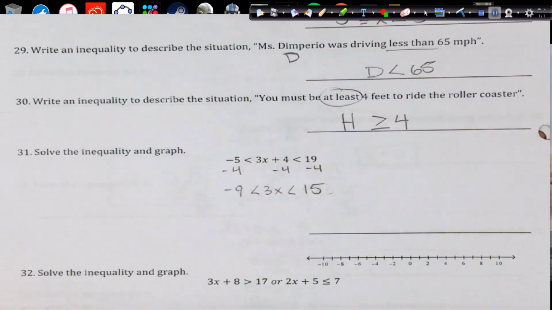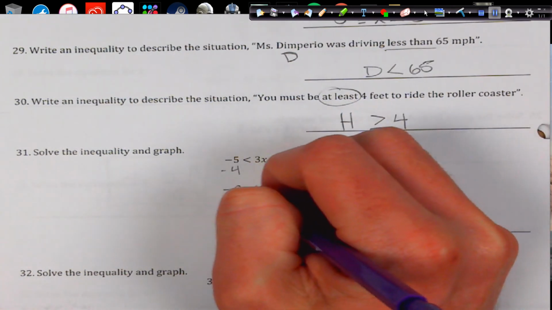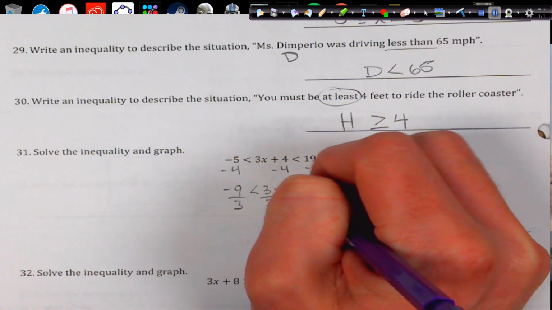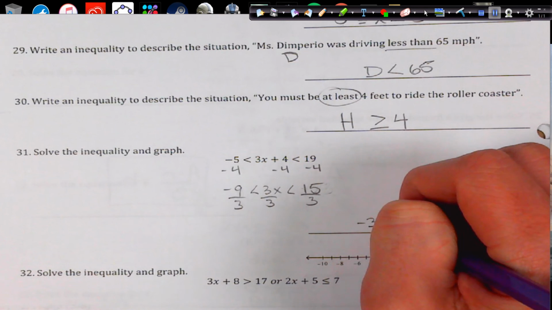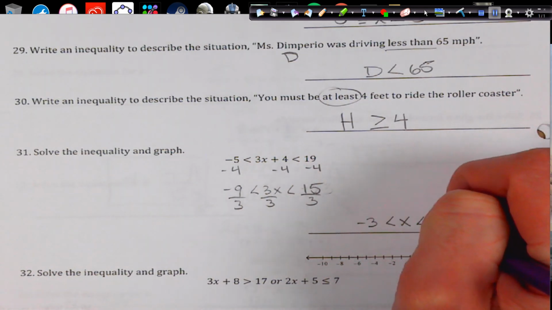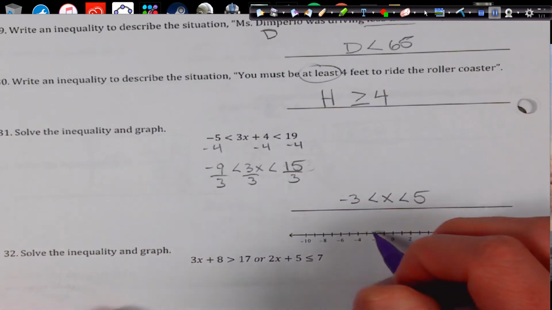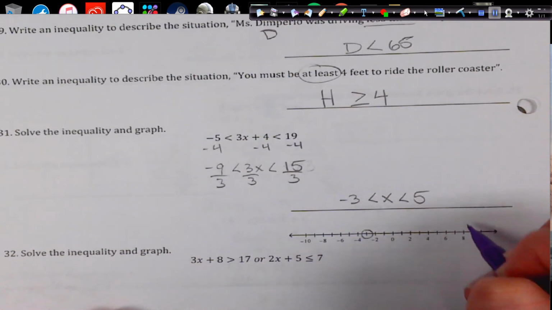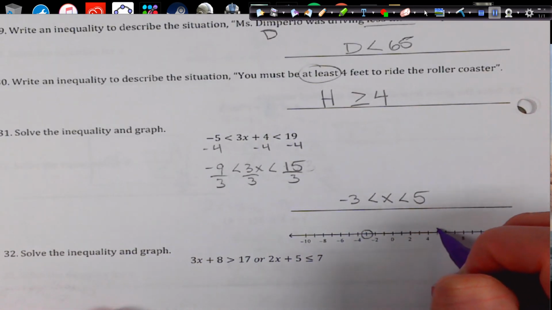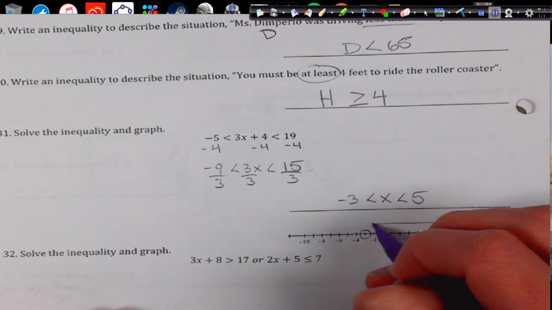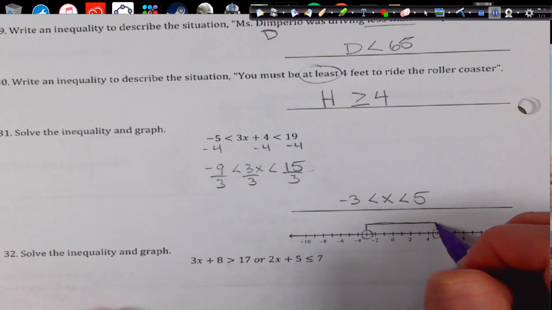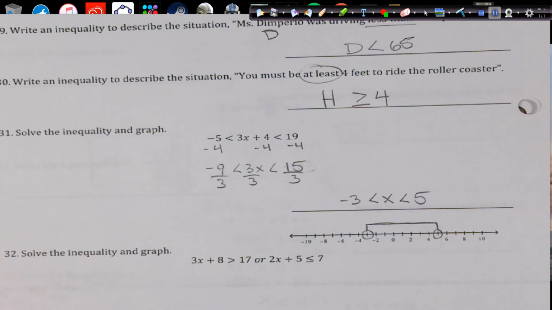I just made a mistake there. Divide everything by 3, and negative 3 is less than x, which is less than 5. And to graph it makes it really easy when you have it like this. Negative 3, open circle, 5, right here, open circle, and graph in between. This is an and problem. When they're combined like that, we have and problems.